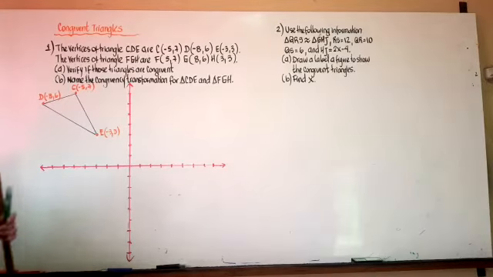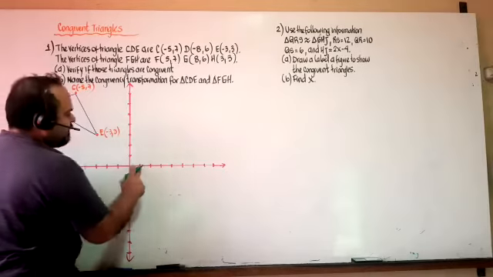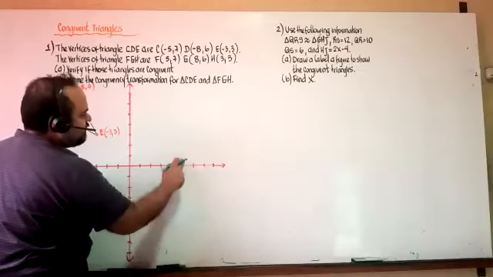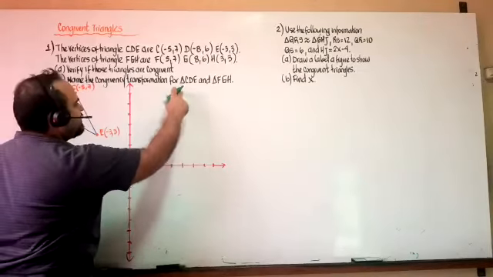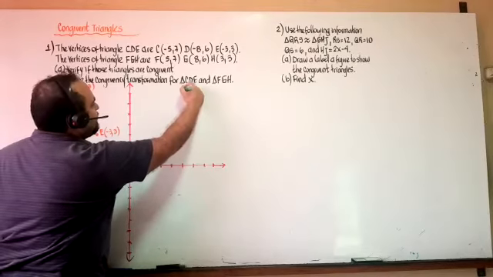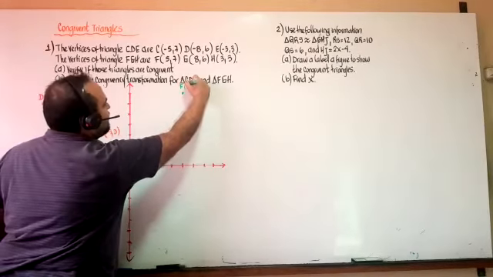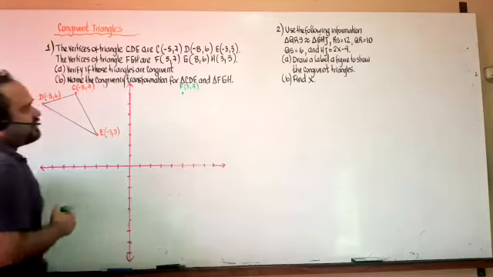For example, the first one, 5 with 7. 1, 2, 3, 4, 5, and up 1 through 7. This is the vertex F, (5, 7).